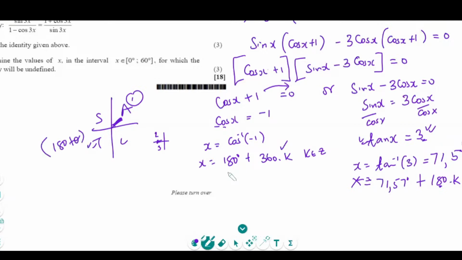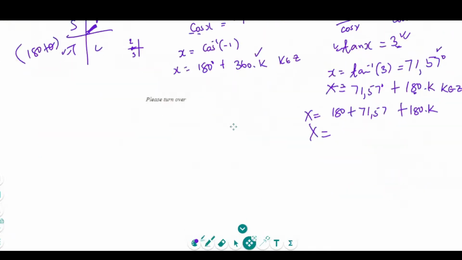But our theta is 71, so it's going to be 180 plus the 71,57 plus 180 times k. And I add that together, I'm going to have what? Good people, what am I having? 251. So that is 251,57 plus the 180 times k.